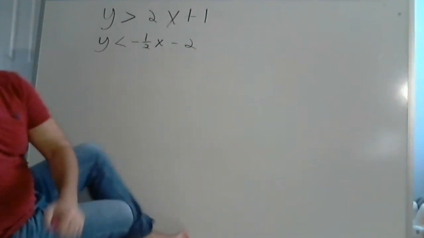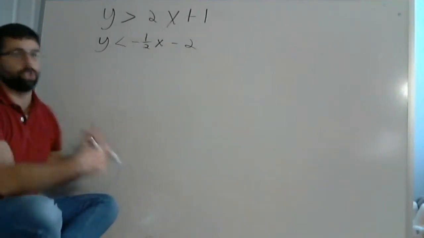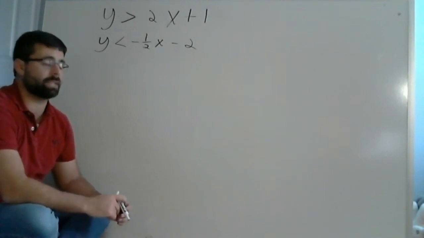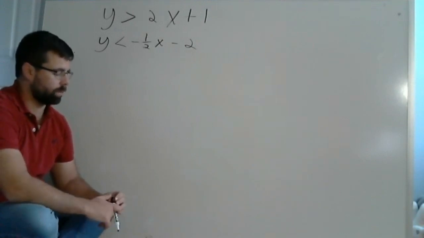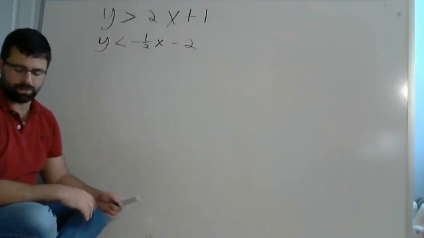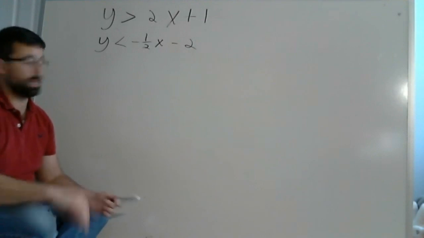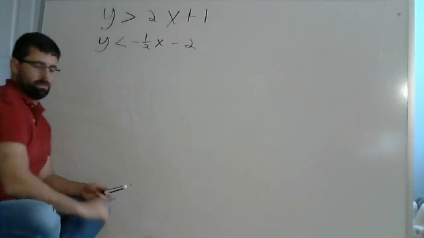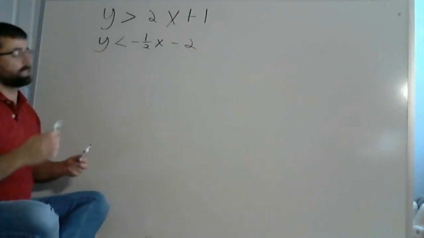So in this case, we have two different inequalities, and we actually do the exact same thing. We set both of them into an equation, and let's do it like this.